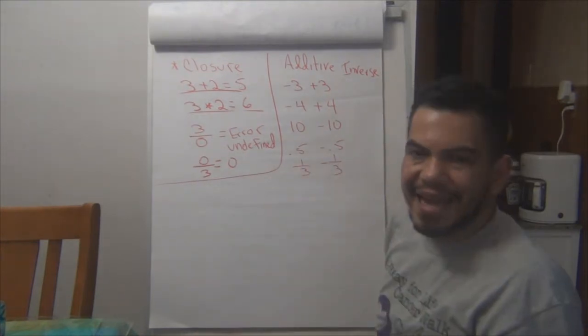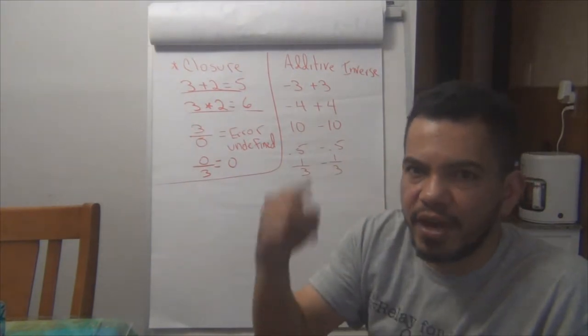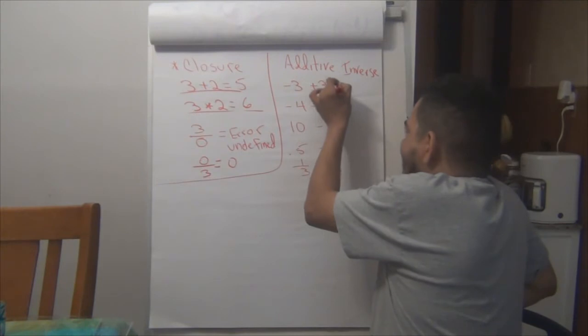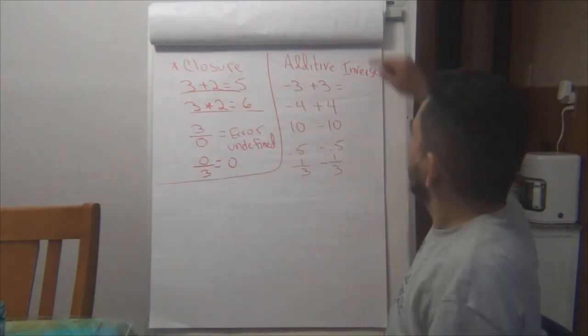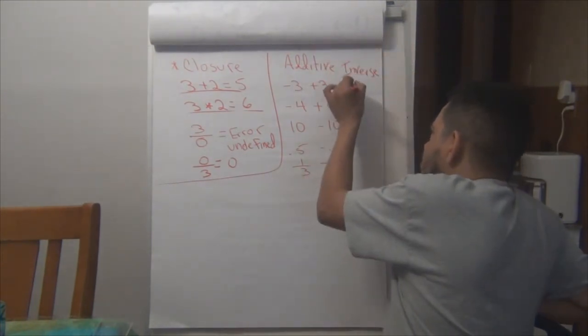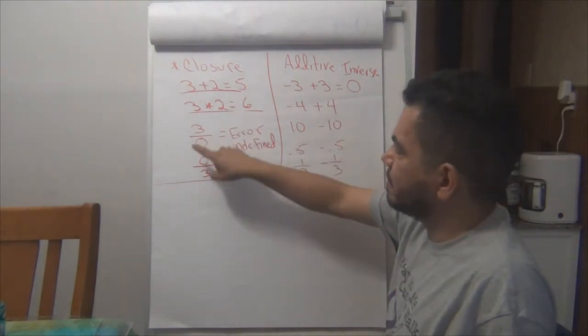Now, why is that the additive inverse? Well, something to keep in mind forever, and you better listen to this part. When you use the additive inverse on a number, it's like going backwards from the identity element.